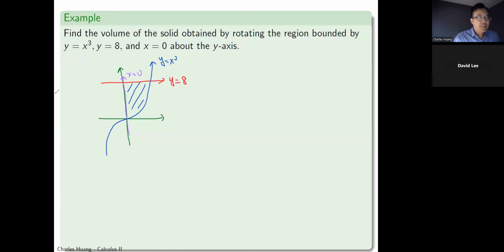Before we start rotating, it is very important to note this sentence here, to see where it's going to rotate. In this case, we're going to rotate about the y-axis. So we're going to take this and turn it on the y-axis, like that.